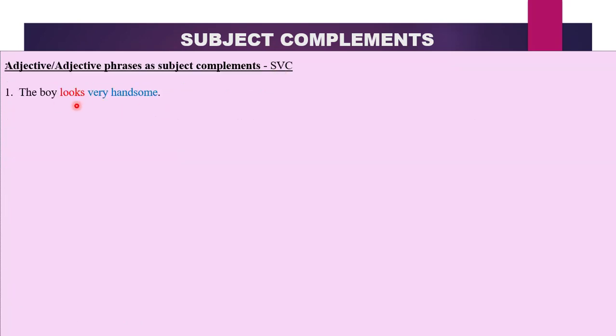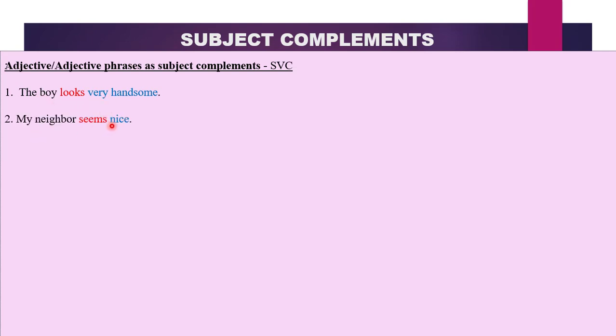The boy looks very handsome. Very handsome is the complement because it comes after a linking verb, and it is an adjective phrase because it contains a degree adverb which modifies the adjective. So whenever you have an adverb of degree modifying an adjective, together they will perform one function. The boy looks very handsome. We have our SVC.